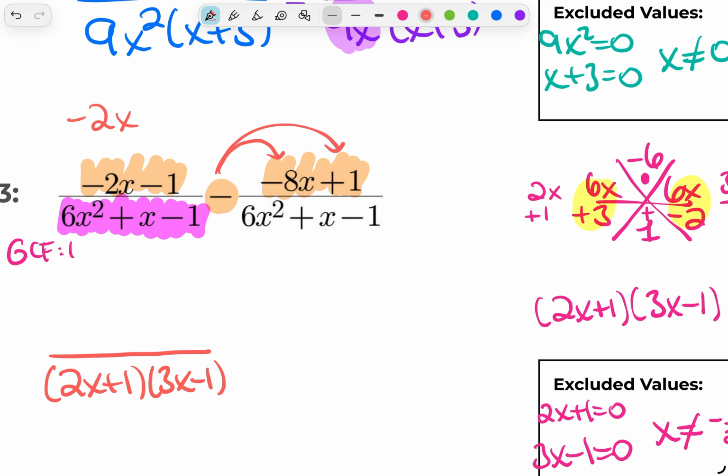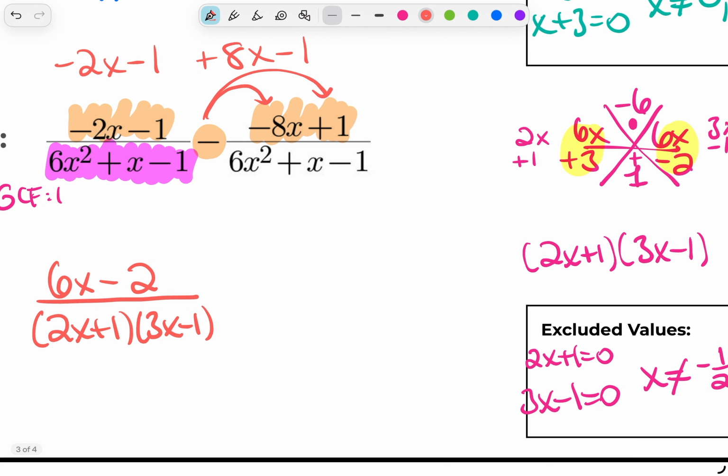And so this would be a -2x minus 1 with a plus 8x minus 1 now. And so when we combine our x's together, -2x plus 8x is 6x, and -1 plus a -1 is a -2. And then from there, let's see if we can factor that numerator, and there is a GCF.